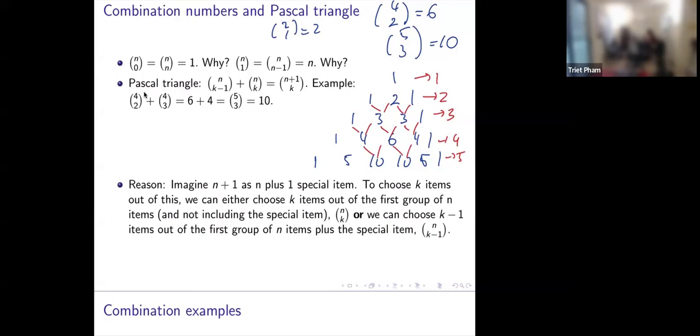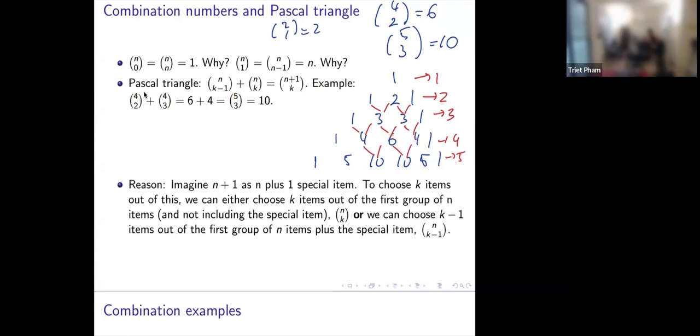And it's encoded like this: n choose k minus 1 plus n choose k is n plus 1 choose k. For example, 3 choose 1 plus 3 choose 2, or 4 choose 2 plus 4 choose 3. 6 plus 4 is 5 choose 3, which is 10.